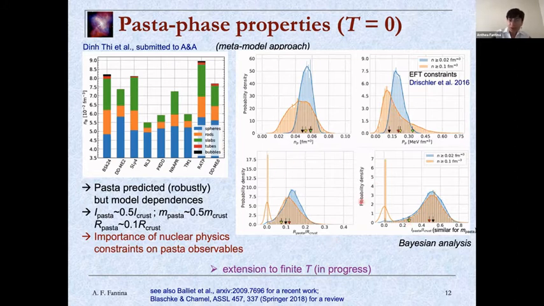You can see here also the impact of the pasta layer: it is about half of the mass of the crust, the same for the moment of inertia, and about a tenth of the radius. Some results on the mass and the radius of the pasta are also given in this very recent work from Newton and collaborators. So I wrap up here.